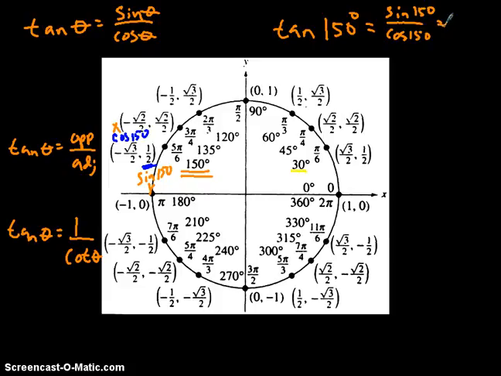Since we now know that sine has to be the fraction 1/2, and cosine has to be the fraction negative square root of 3 over 2, what we have is 1/2 divided by negative square root of 3 over 2. And we can simplify that.